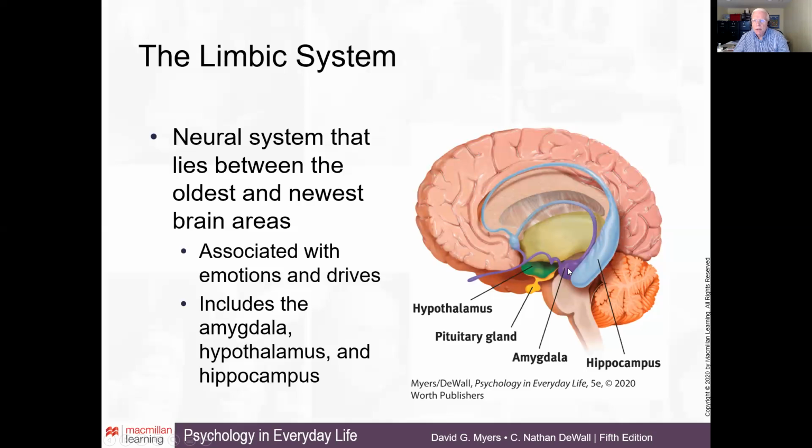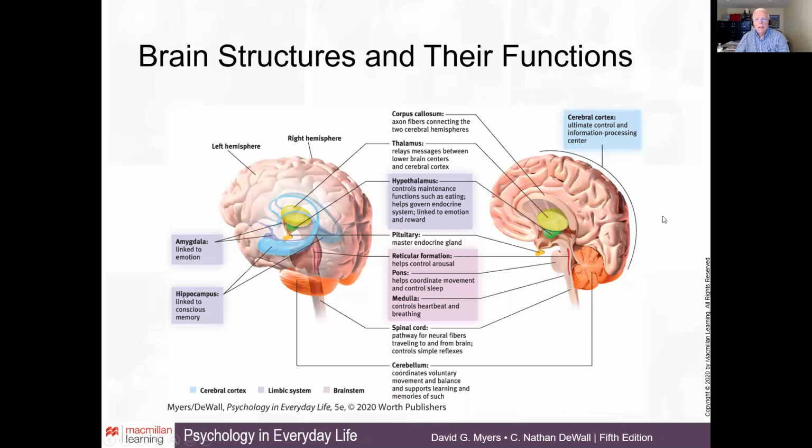The amygdala is often referred to as the emotional processor of the brain. It becomes involved in the experiencing of different emotional states. In this picture, we can see a three-dimensional view of the limbic system and other structures of the brain.